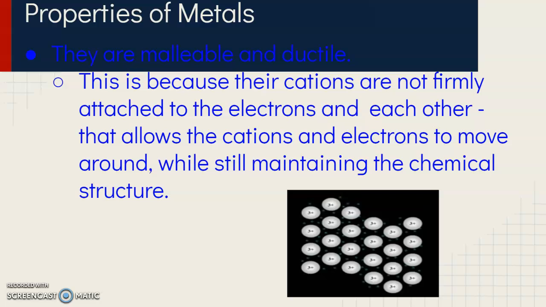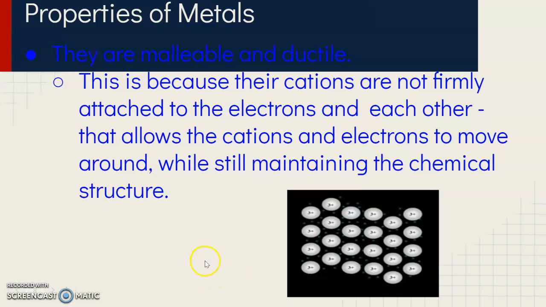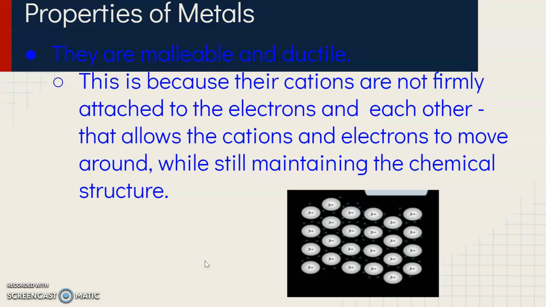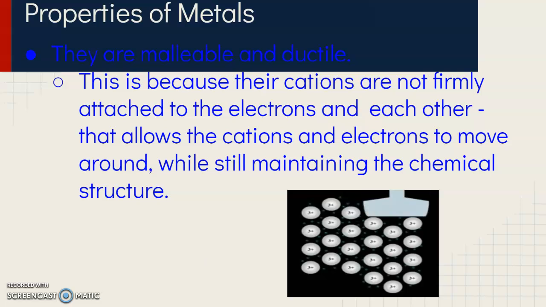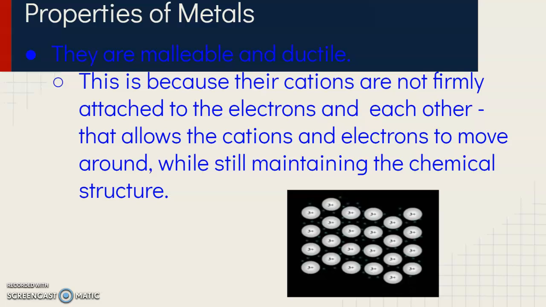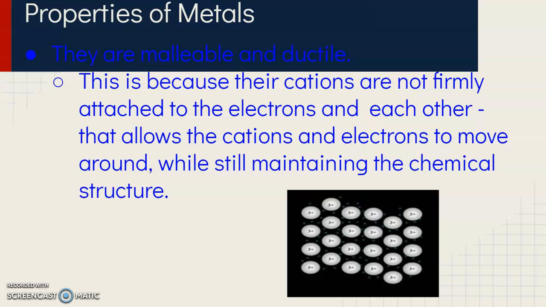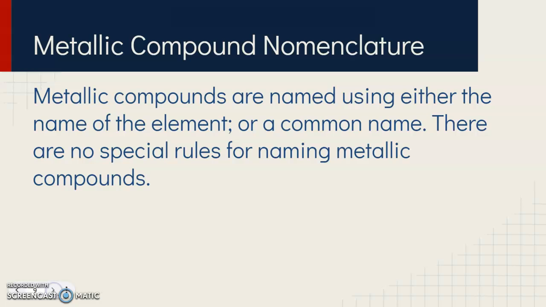That's why we're able to create copper wires, that ductility, because since they're not firmly bound together, it's easy to manipulate the structure and it will keep its overall shape because the chemical structure is not going to be messed up, but because these electrons and their cations are not firmly held together, they are malleable and they can be moved around.